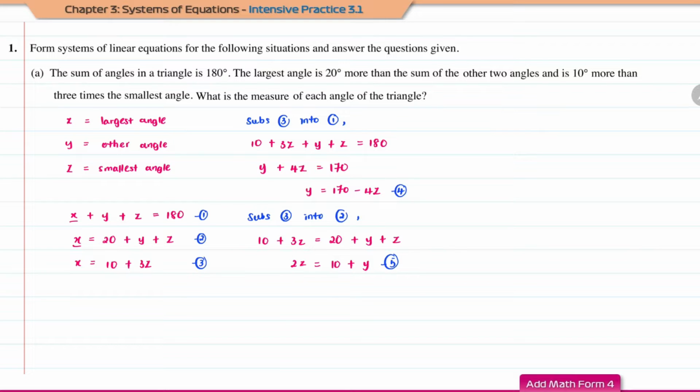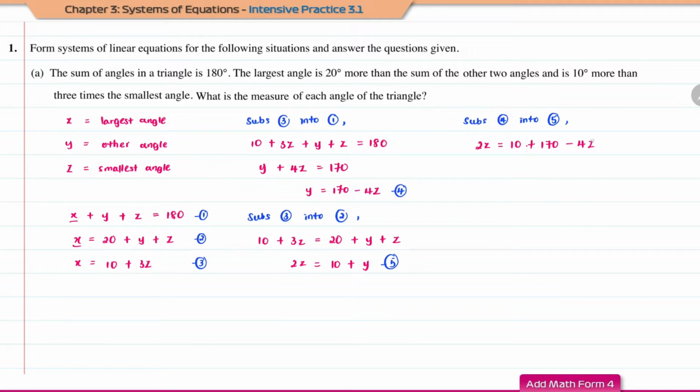Next, I'm going to substitute equation 4 into equation number 5. So 2Z equal to 10 plus Y, and the Y here we're going to substitute using 170 minus 4Z.